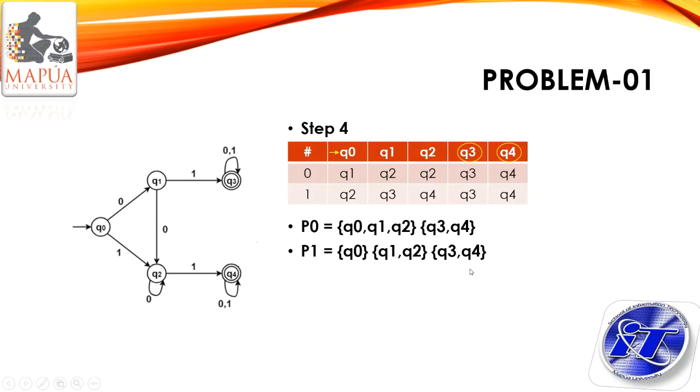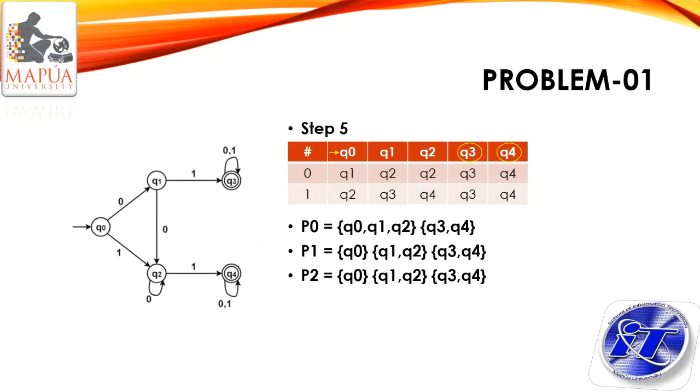Therefore, Q1 and Q2 have the same path, so we're going to combine them into one state. So in P2, there's no change. Since P1 and P2 are the same, P2 is already the minimized states, the one containing the minimum number of states. So we have 3 states: Q0, Q1-Q2, and Q3-Q4.